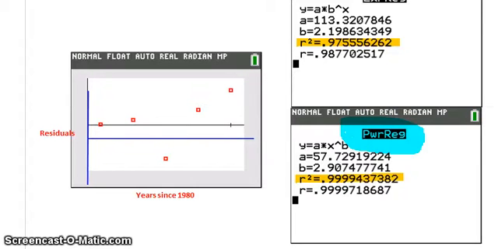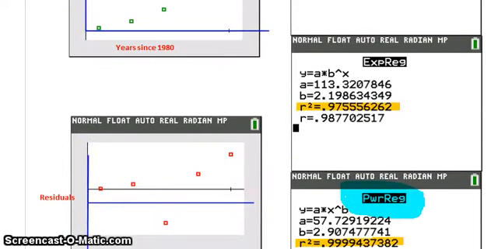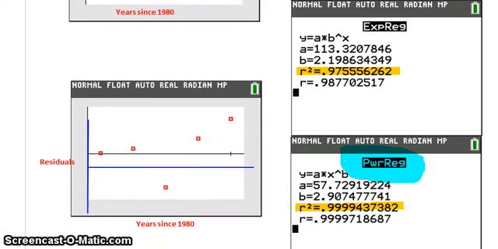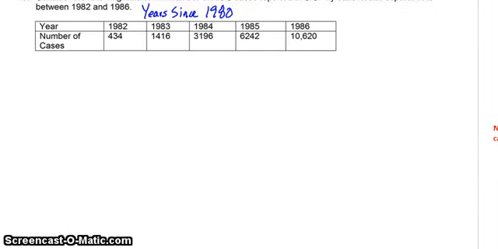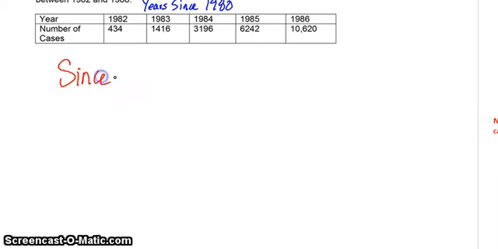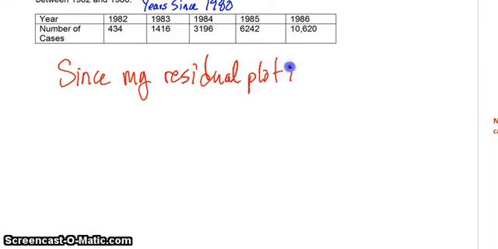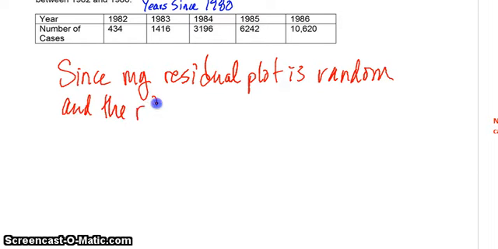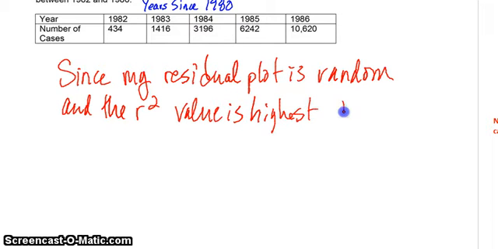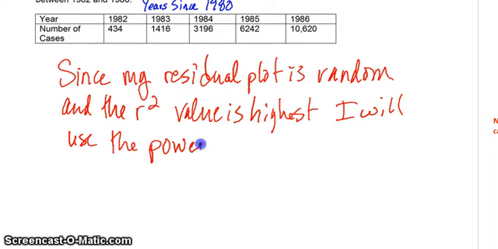Once I do that, I have one more thing to say. I have all the components. I have scatter plot, residual plot, which model is best, so I come back over and I look up here, I say, since my residual plot is random and the R-squared value is highest, I will use the power model.